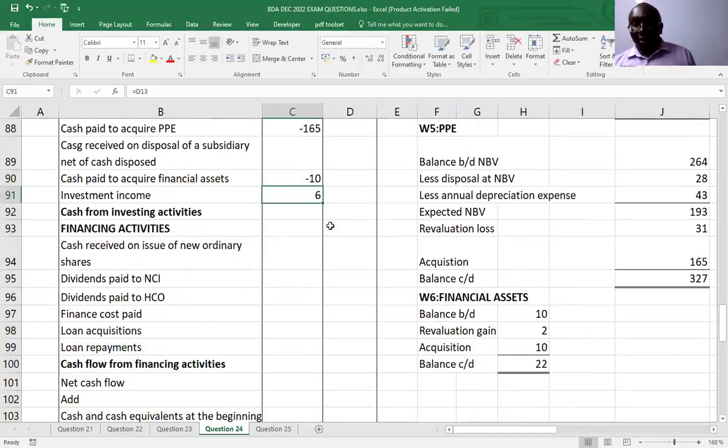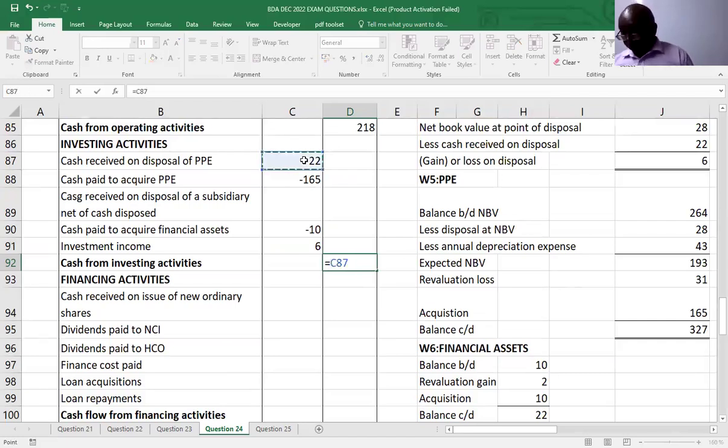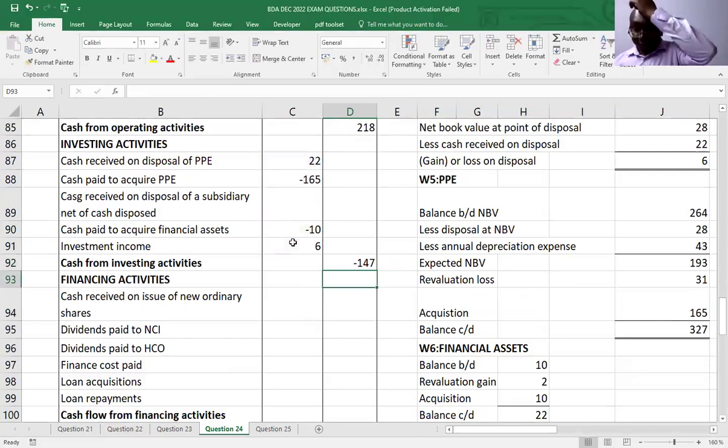Cash paid to acquire the financial assets. So that is all. We don't have anything else. So tukuja hapa. Tuseme this should be equal to this plus this plus this, hata kama hakuna, plus this plus this. Yeah, that's the amount we are getting from investment activities.